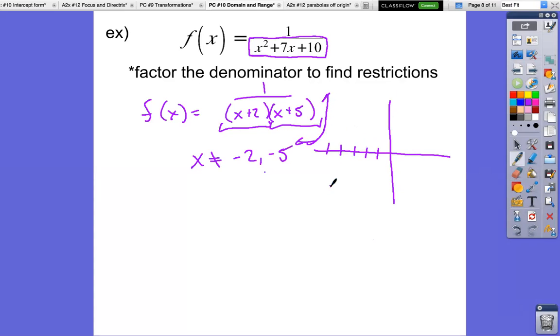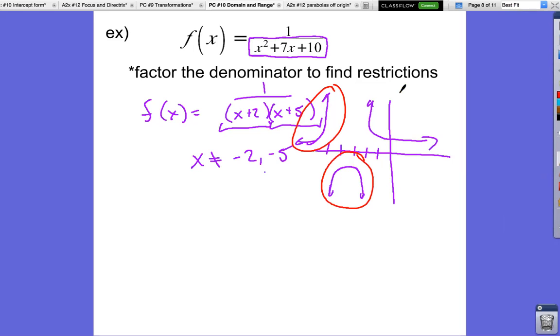Something that looks kind of like this. And something that looks like this. I have 3 different parts. I've got this part, the left side, I've got the middle, and I've got the right side, which means I've got the left side with the union of the middle with the union of the right side.